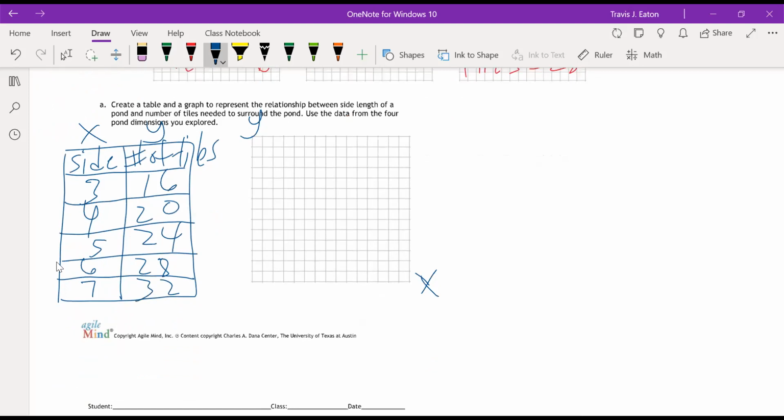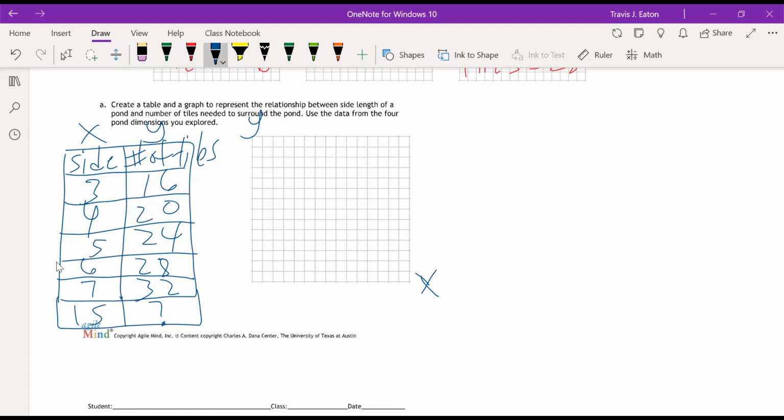Very good. Okay. But here's the thing. What if we wanted to build a pond that had 15? So what would that side length be? Well, that's where we need to come up with some kind of algebraic rule, right?